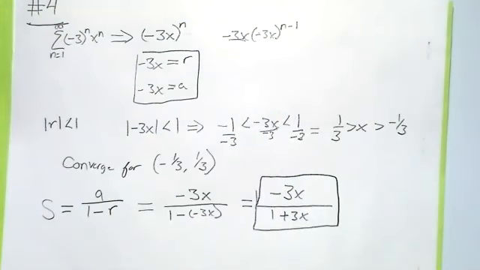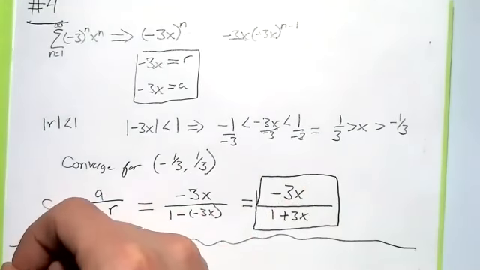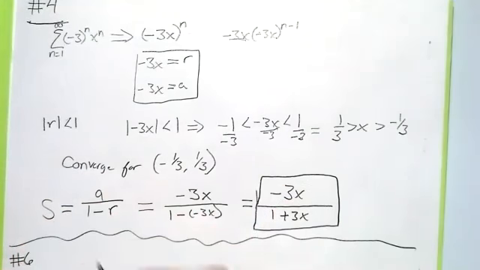The next one I picked out, and we're going to progressively get harder as a heads up, is number 6. For number 6, we want to find the radius of convergence r of the series, and then we want to find the interval of convergence of the series. So this is a similar question to the one we just did.